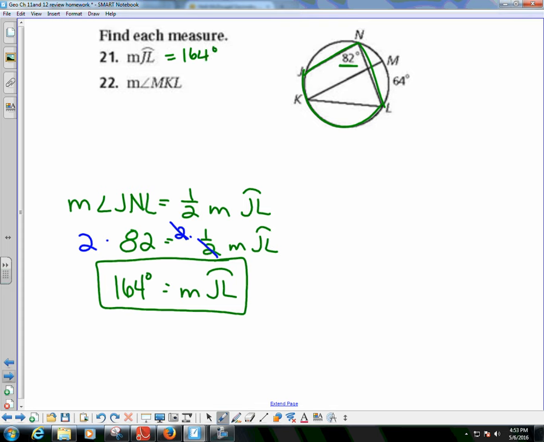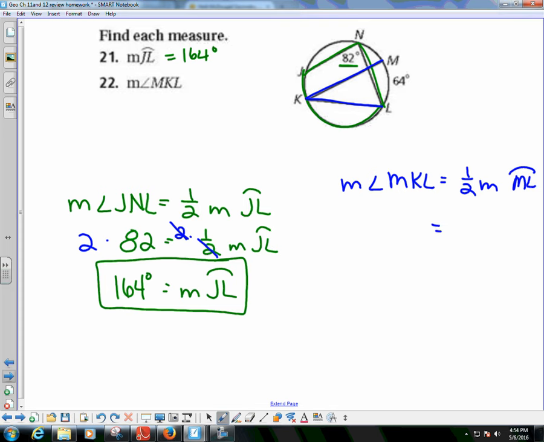And I also need to find the measure of angle MKL. Well, the angle MKL subtends the arc that's 64 degrees. So the measure of angle MKL is equal to 1/2 the measure of the arc ML.